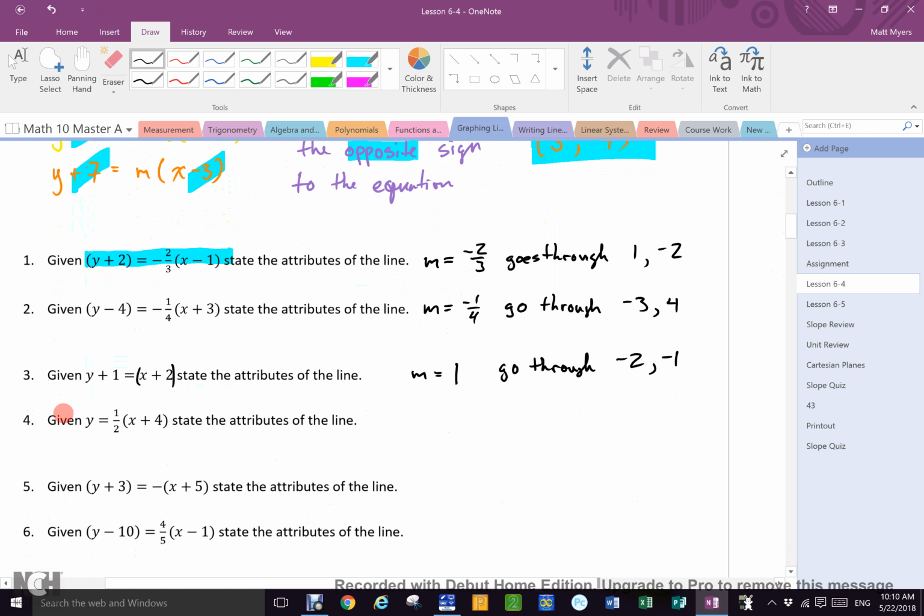Number 4. Mr. Myers, you're messing with this again. There's no point over here. So it's the same as y minus what? 0. What's the slope? 1/2. And what does it go through? Negative 4 and 0. Because there's nothing with y. What's the slope in 5?